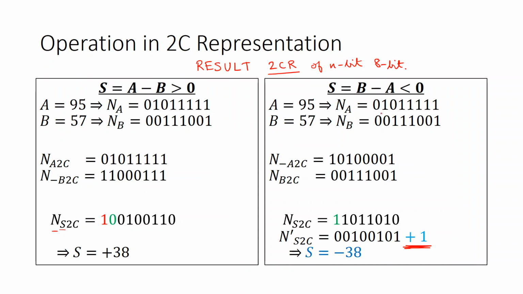You have to limit the magnitude within 7 bits. So we know that the magnitude would be limited by 2^n minus 1. The magnitude, only the magnitude part, 0 to 2^n minus 1. This is about your a and b.